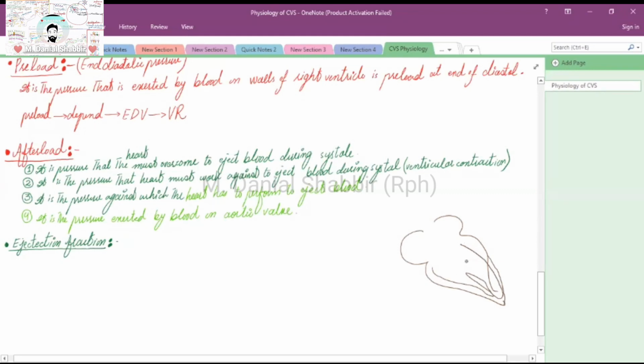From the left ventricle, the aorta comes next. This is the aorta. This is the left ventricle. Blood comes from the left ventricle, and here are the aortic valves. This is the aortic valve.